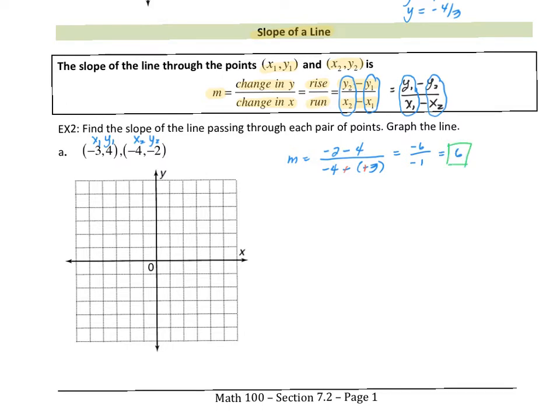Now remember I said it doesn't really matter if you do y sub 2 minus y sub 1 or y sub 1 minus y sub 2. So let's just say I changed the order. And I did y sub 1 minus y sub 2. So that would be a 4 minus a -2 on the top. On the bottom, it would be x sub 1, -3 minus x sub 2, which is -4.